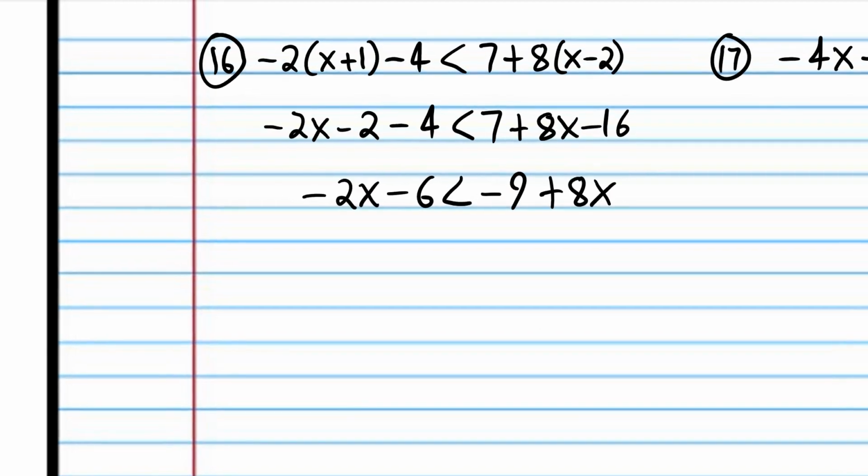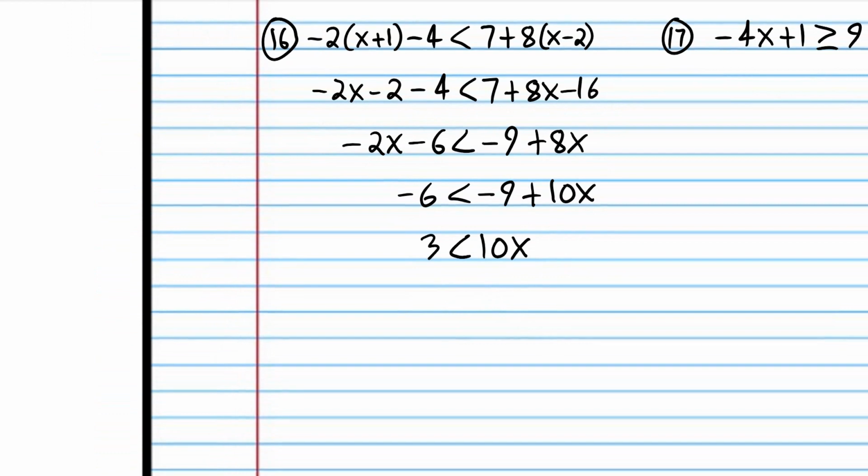We have to get them all on the same side. So I'm going to add 2x to both sides. And I end up with 10x. And now I'm going to add 9 to both sides, and I end up with 3 is less than 10x. And I'm going to divide both sides by 10, and we get 3/10 is less than x. What this means is that x can be any value as long as it's bigger than 3/10. And that is the solution.